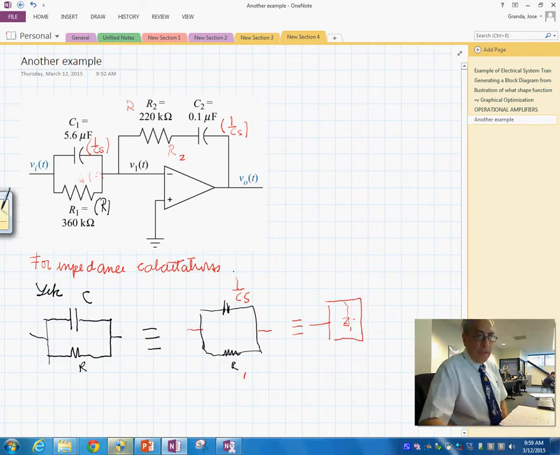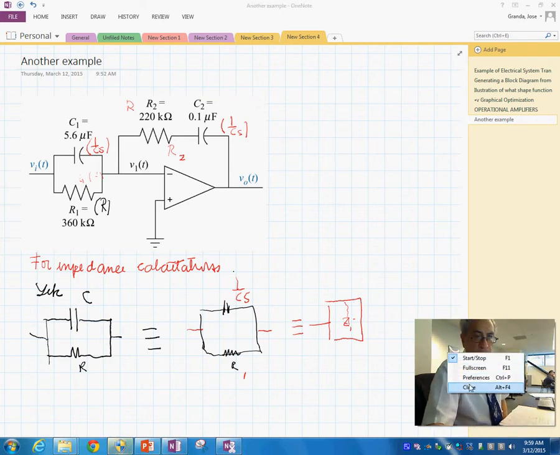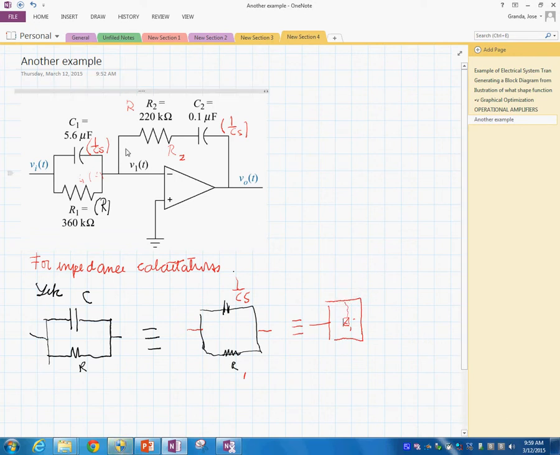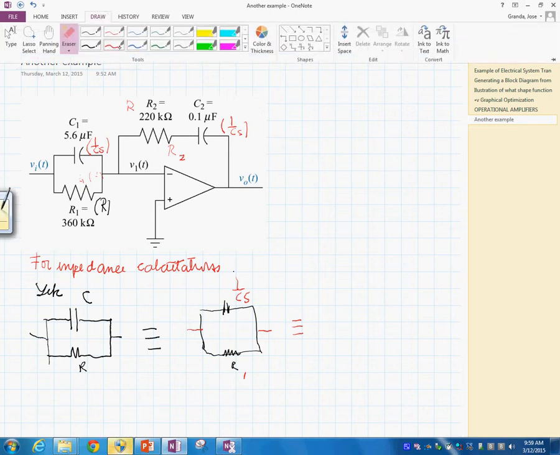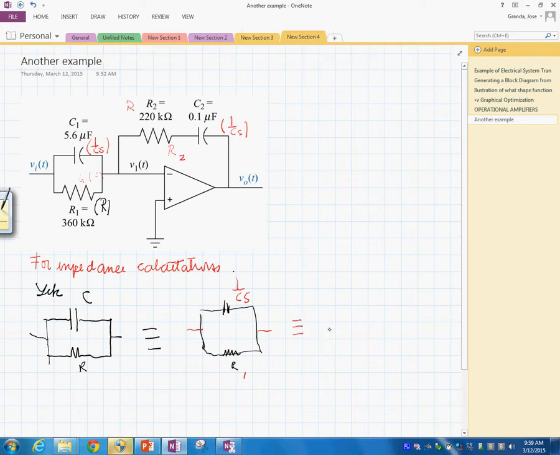Okay. Let me just erase this for a moment here to make it clear. And so we go over here and we say, okay, draw this please. What you have is you're going to reduce it in such a way that this whole thing looks like this, and this we're going to call Z, the impedance, Z1.